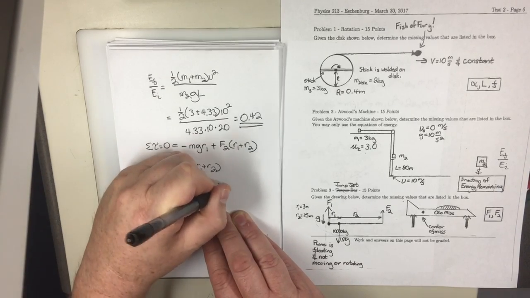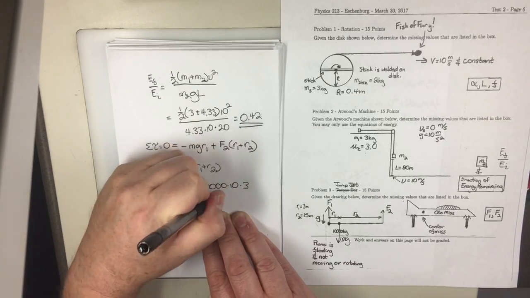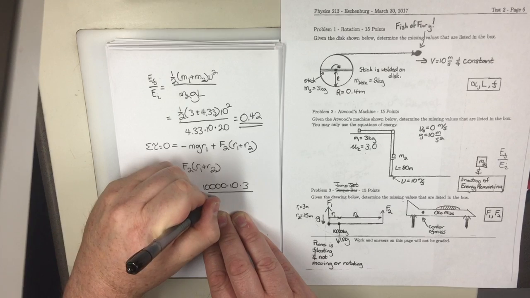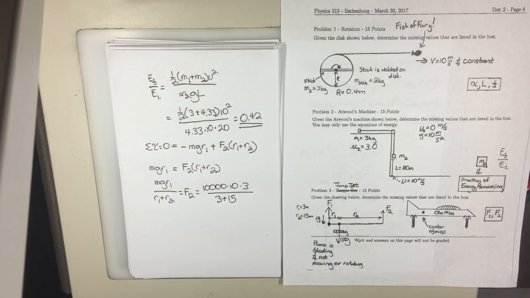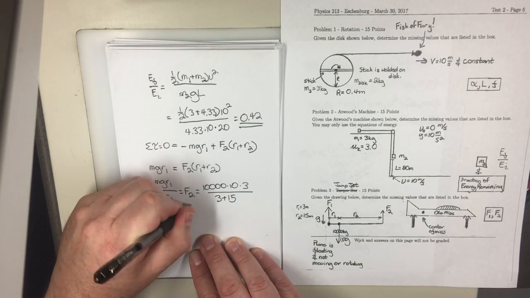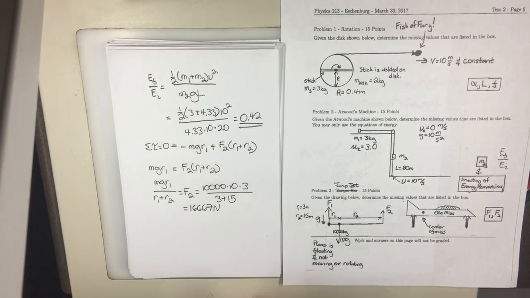That gives me 10,000 times 10 times 3 divided by 3 plus 15. So that gives me 16,667 newtons.